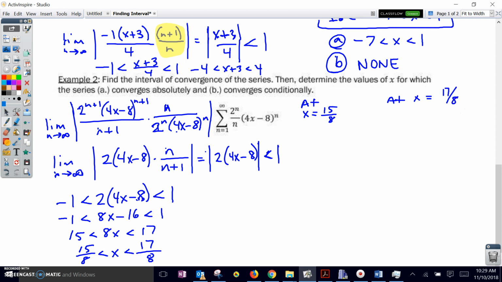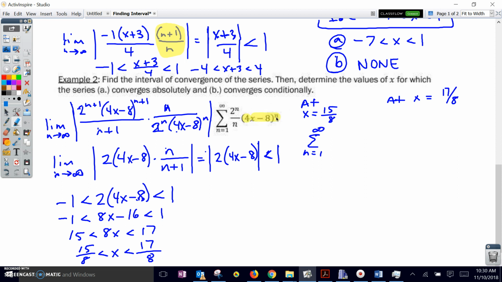At x equals 15 over 8, I put 15 over 8 in here, and that gives me, 4 times 15 over 8 is 60 over 8, that's 15 over 2. That gives me -1/2 to the n inside here.